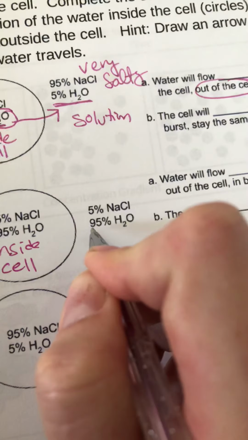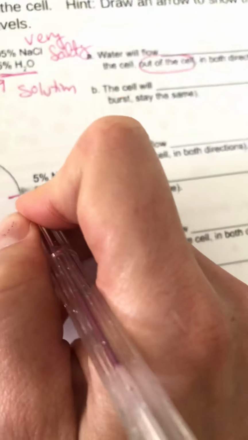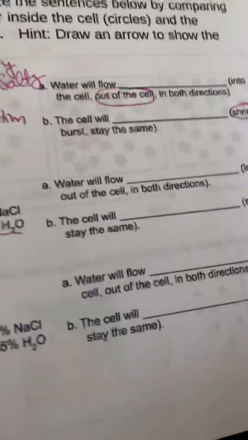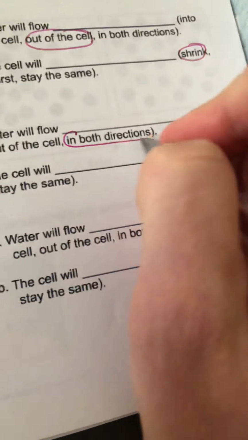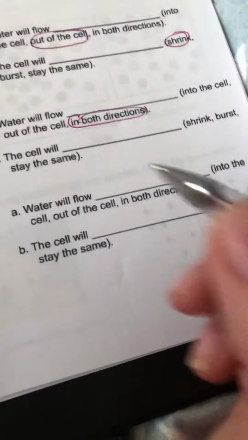And then the outside is the same, 95%. So they're equal. That's equilibrium. Those arrows are going to be going back and forth. The water is going to be moving in and out. So that's going to be going in both directions. And the cell will stay the same because it's both directions.